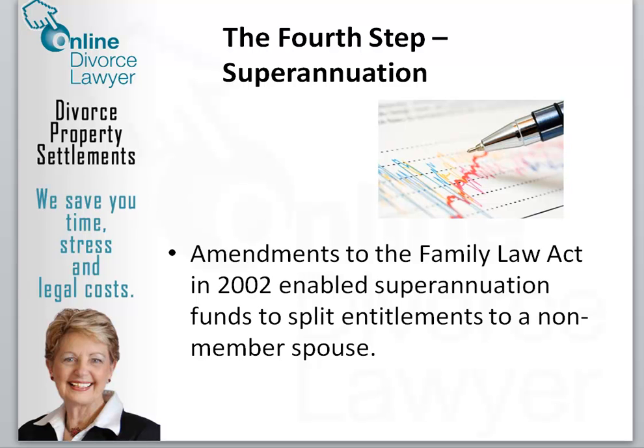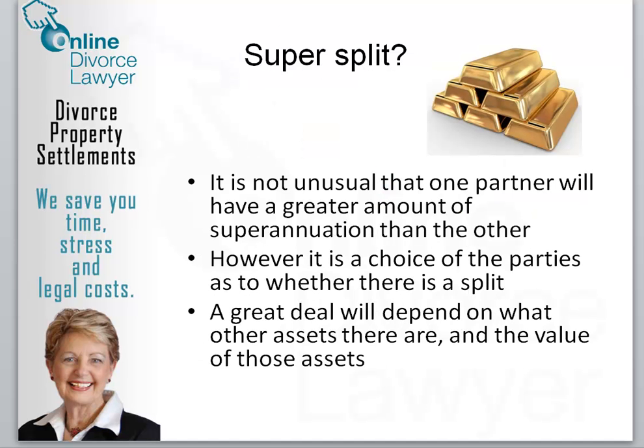The fourth step is superannuation. In 2002, amendments to the Family Law Act enabled super funds to split entitlements to a non-member spouse. It's not unusual that one partner will have a greater amount of superannuation than the other, but it is a choice of the parties as to whether there is a split.